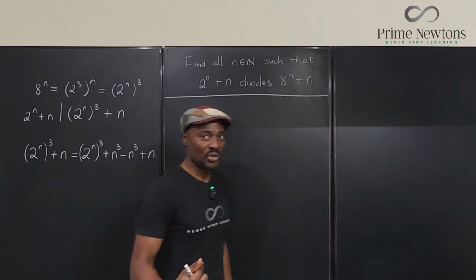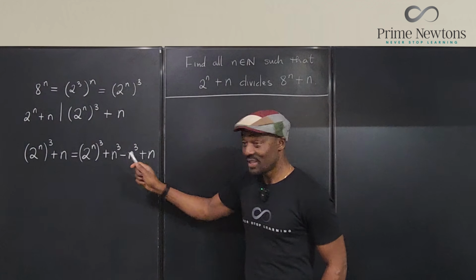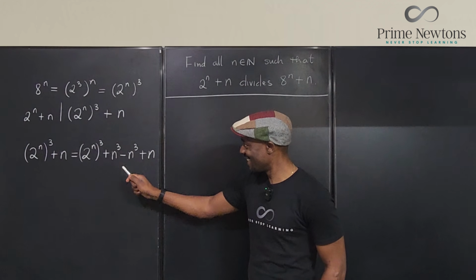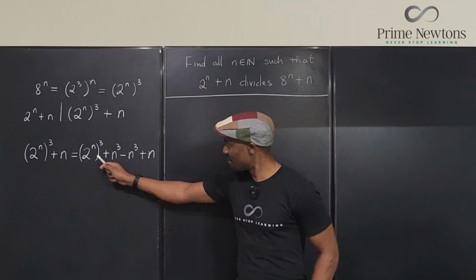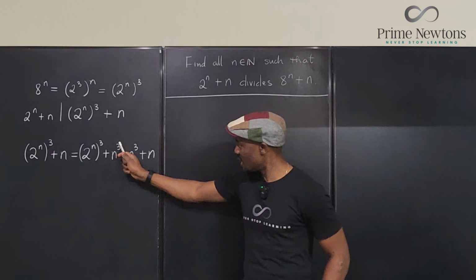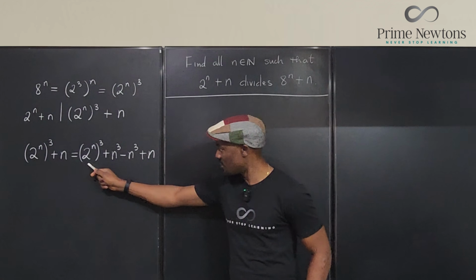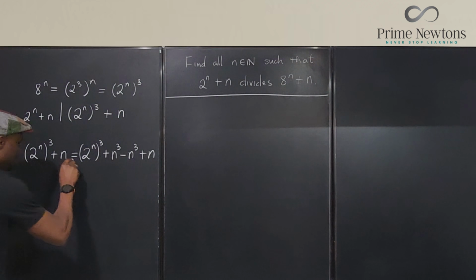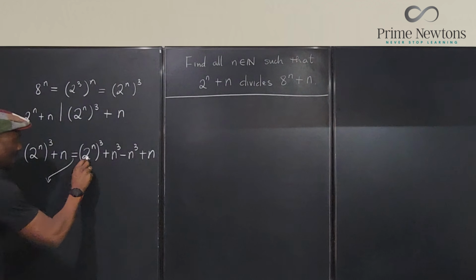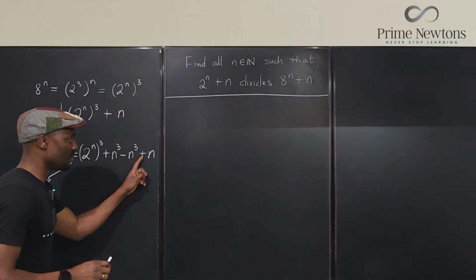This was the manipulation that saved me, because I didn't change anything. I have 2 to the n cubed plus n cubed minus n cubed plus n. Nothing has changed. So I'm going to take care of these two by themselves. This will be the sum of cubes minus n cubed plus n.